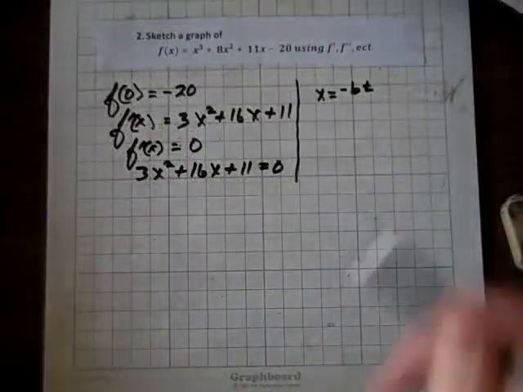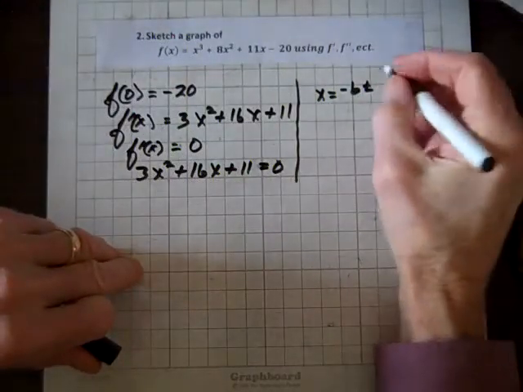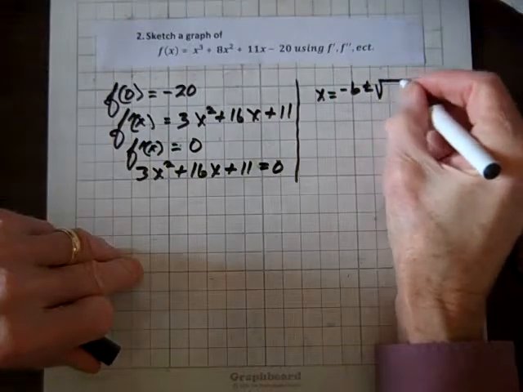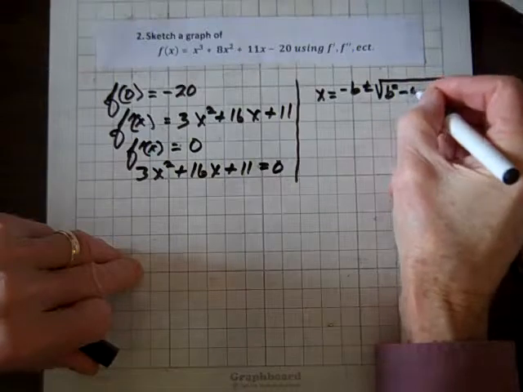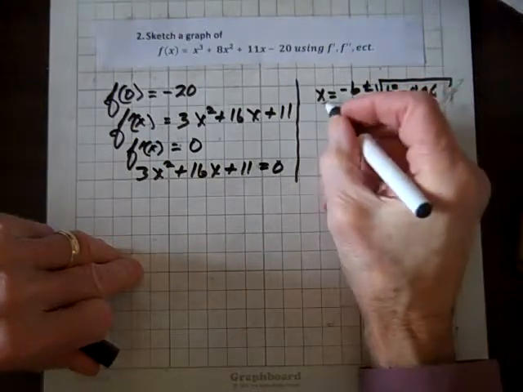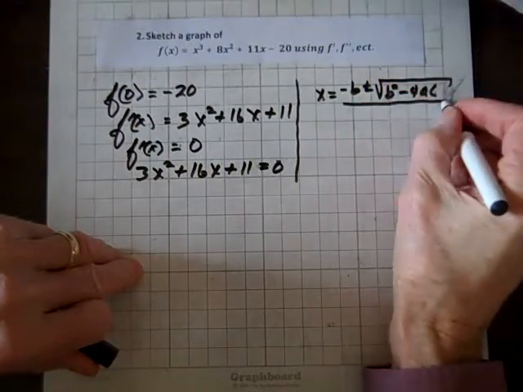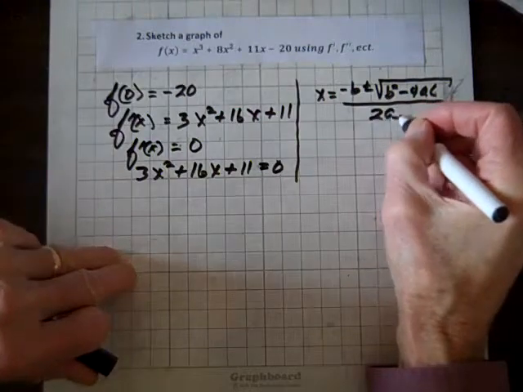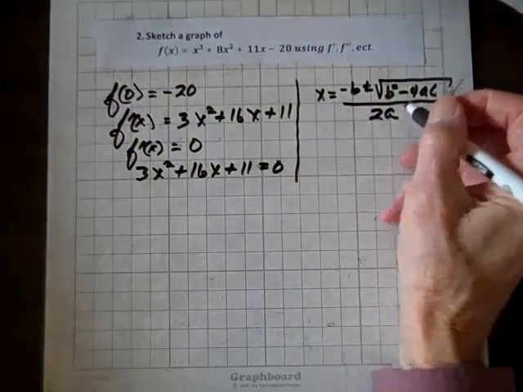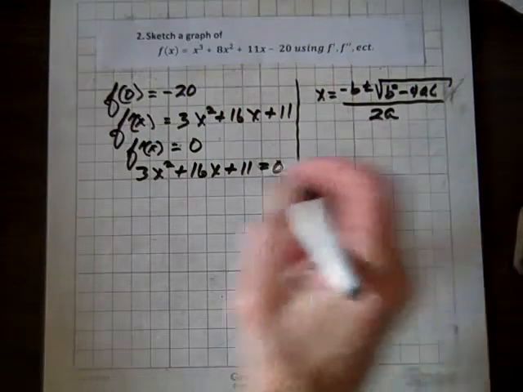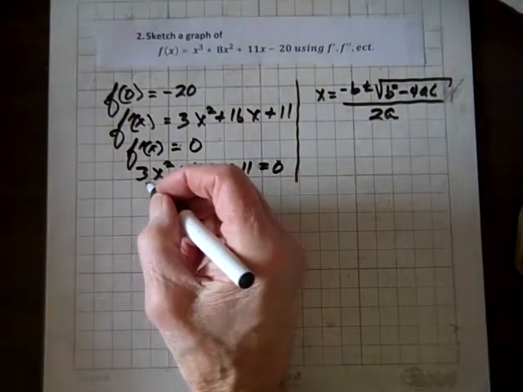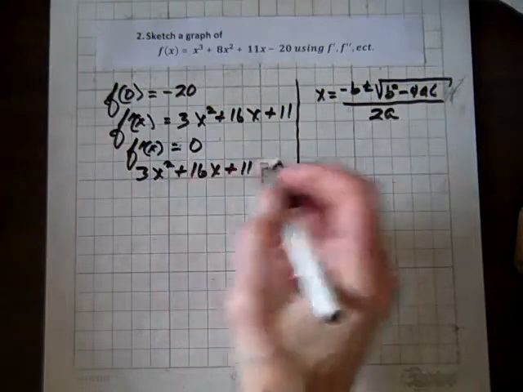So continuing on with this quadratic formula, plus or minus the square root of b squared minus 4ac all over 2a. And when I did that, I came up with a couple of irrational numbers, so I rounded. And that's good enough. Round your answers.